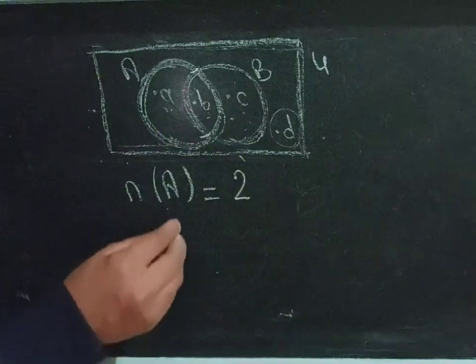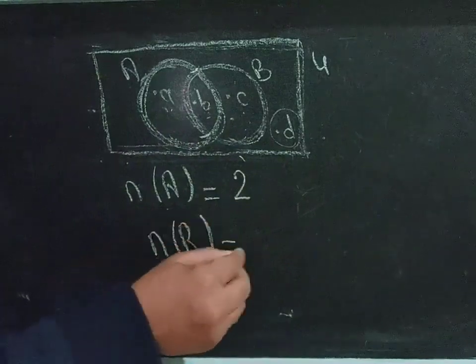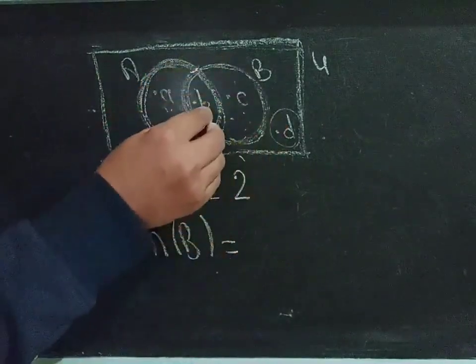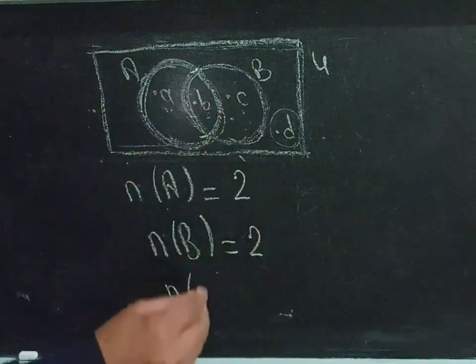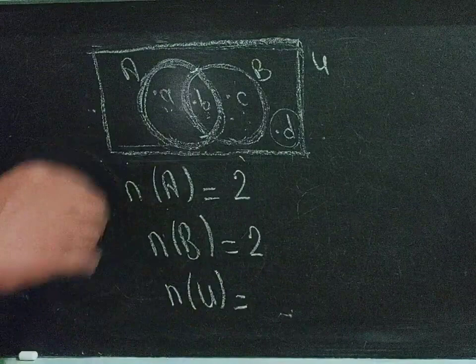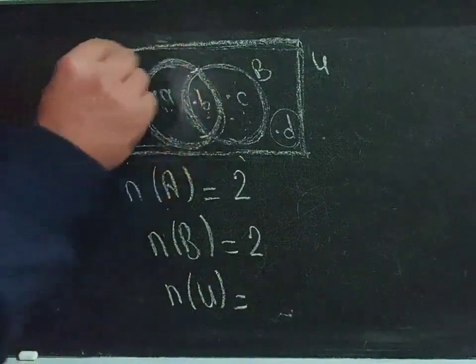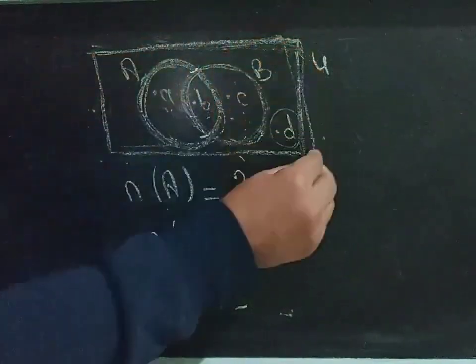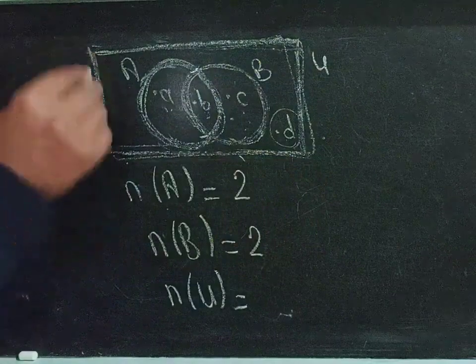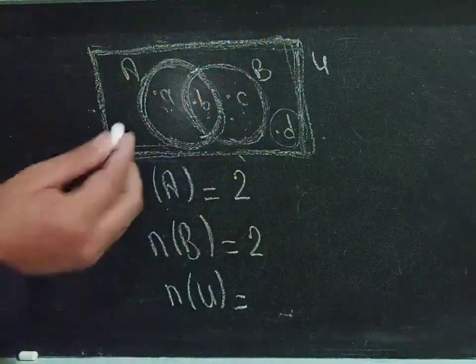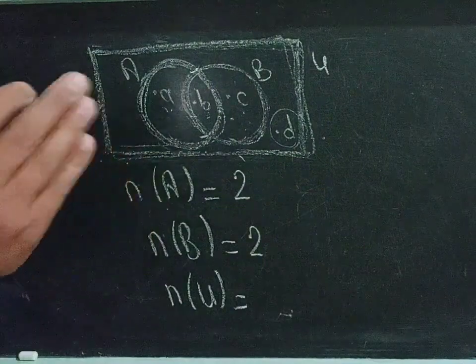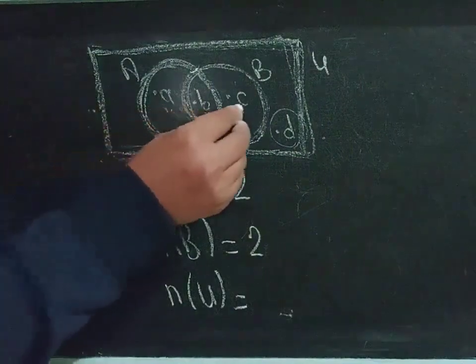Number of elements of B. Draw this, B, C, 2. And number of elements of the universal set for this question. See, draw this line and highlight the shape and then see which elements are under that shape. A, B, C and D.